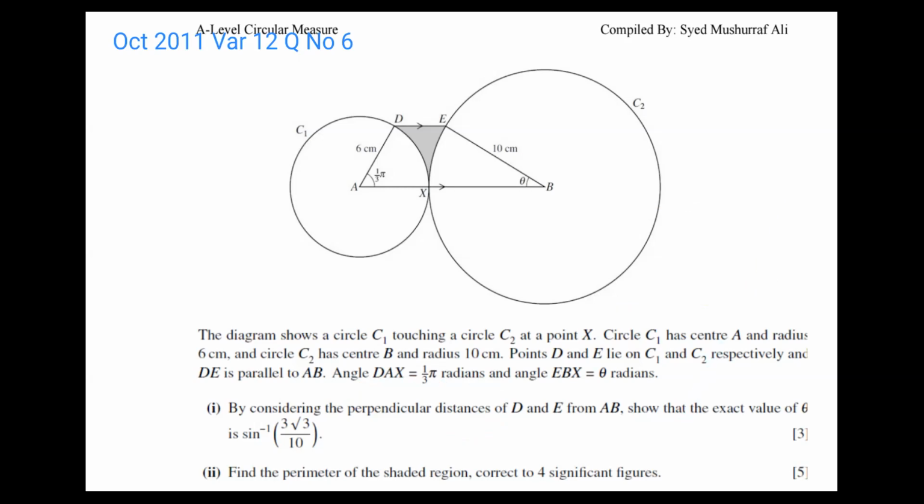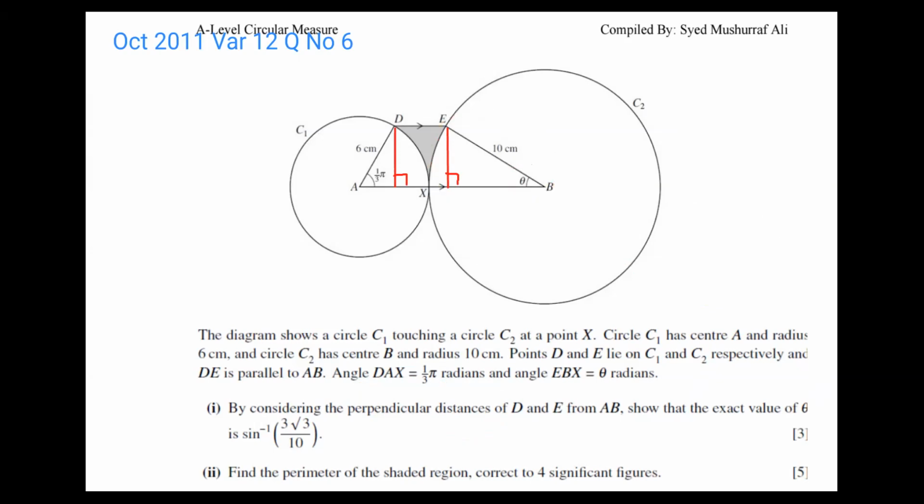First of all, I will make two perpendiculars, from E downwards and from D downwards. So I made two perpendiculars. I hope you are not getting any issue up till here. Now, what is my target? To get theta. Theta is here. Now the question is how I can use this triangle.